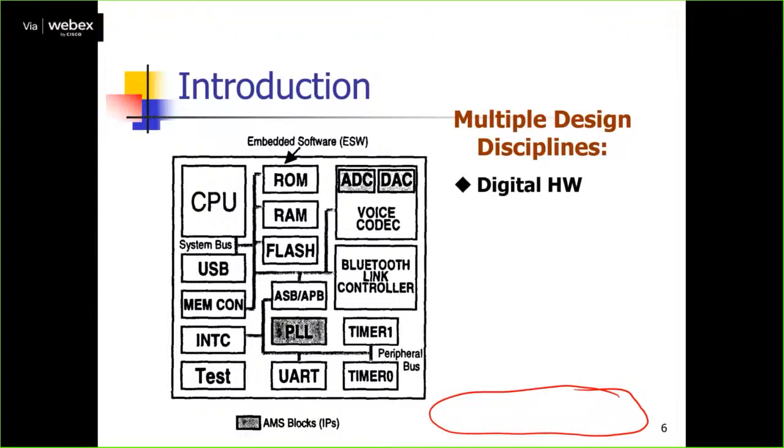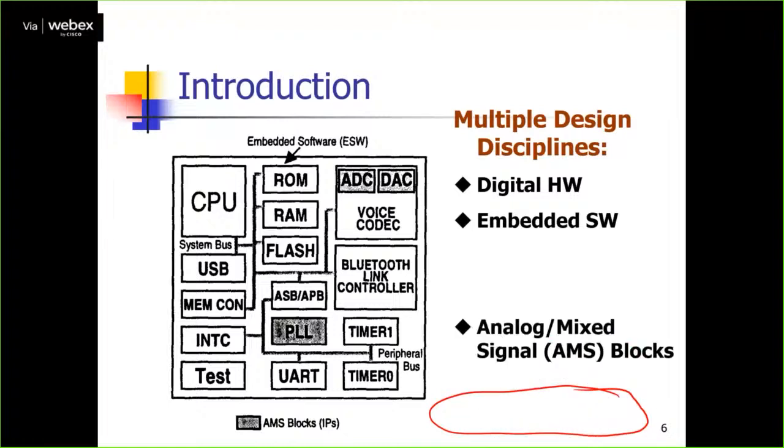So what do you look for in these multiple design disciplines? You need to have majorly digital hardware, which consumes more space on your SoCs, more appearance on your SoCs. The second one, once you have created the hardware, we need some controlling software. That is what you call embedded software. So maybe your middleware, maybe your higher level parameters, etc., can be presented to take care of that.